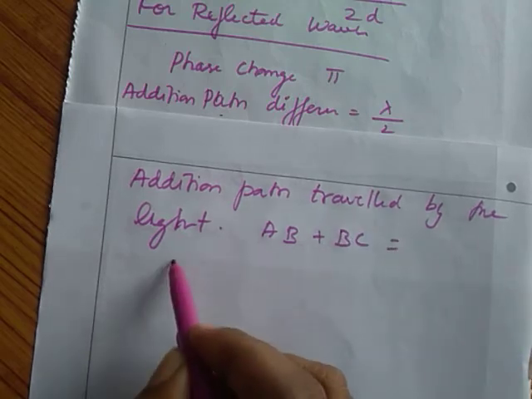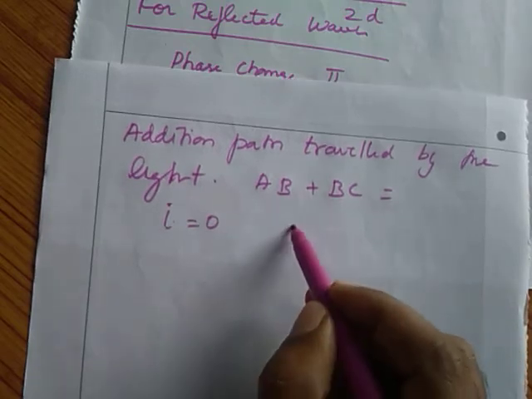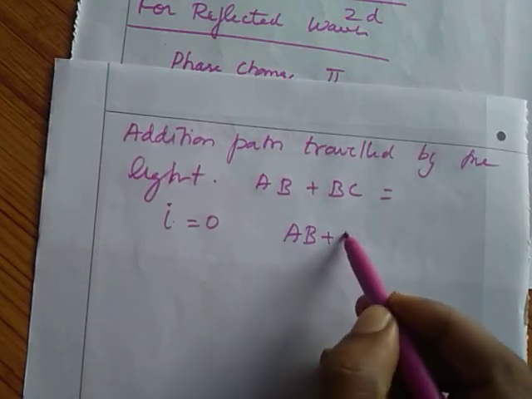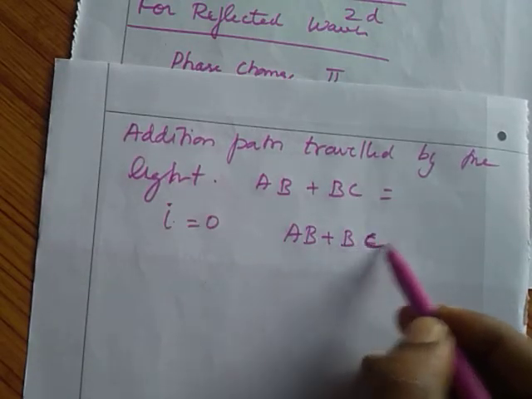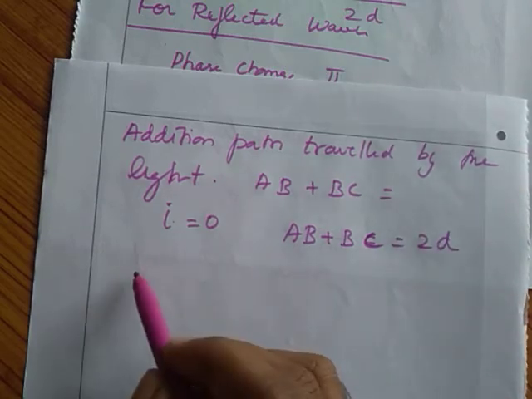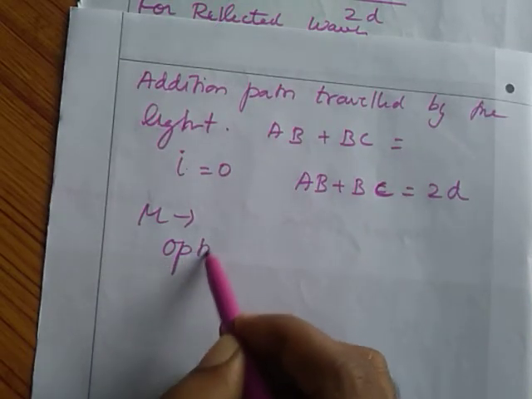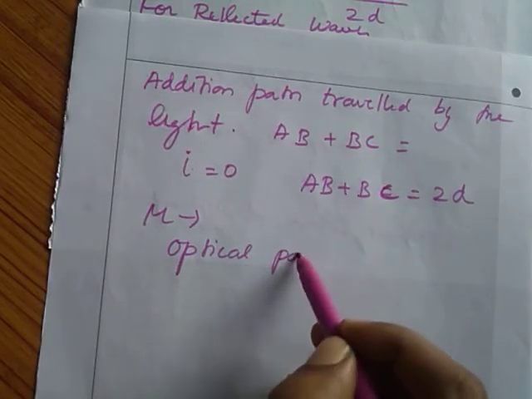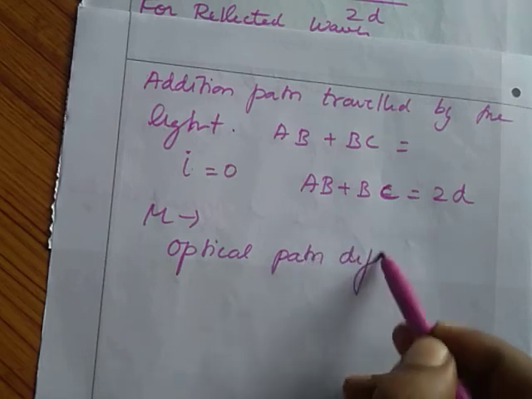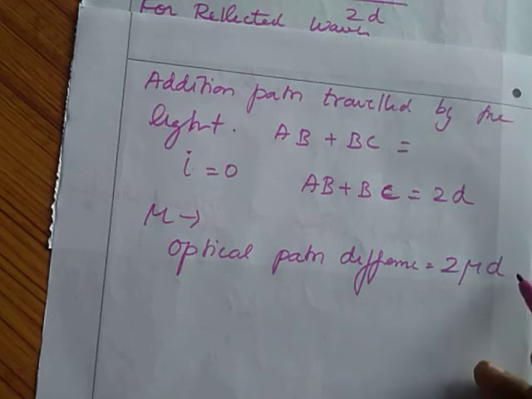Suppose the angle of incidence is 0; in that case we can say AB plus BC is equal to 2d. Here it is in a medium of refractive index mu, so the optical path difference will be 2 mu d.